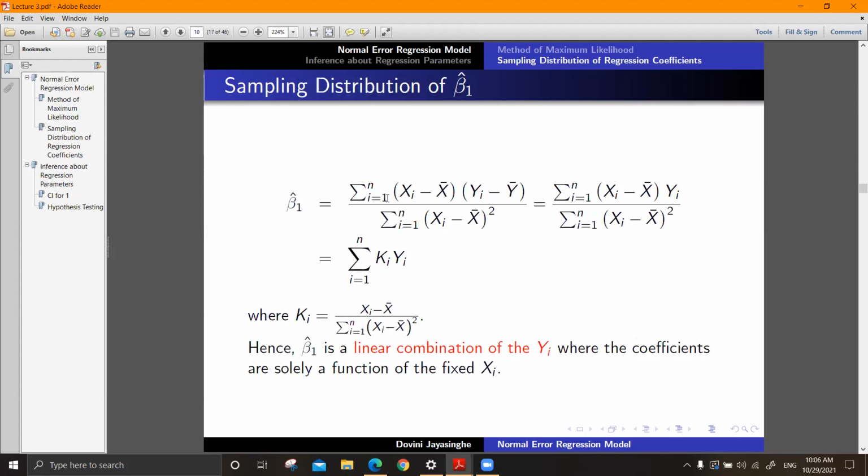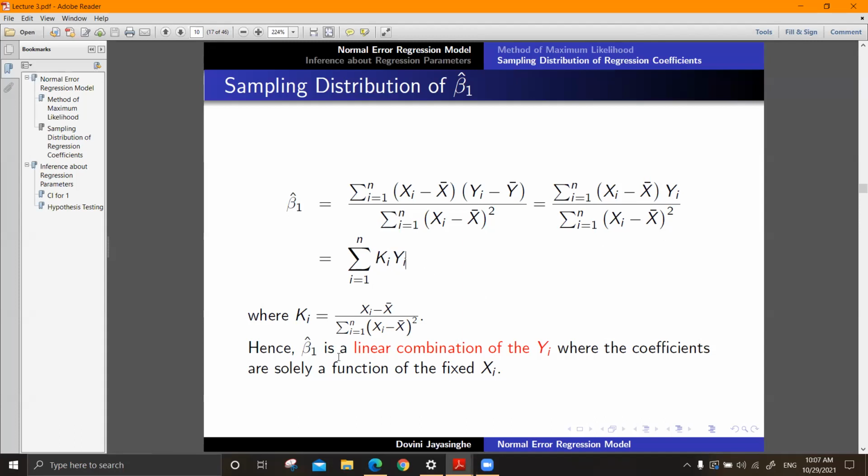So let's take beta 1 hat. It is basically this. So we can write it as a linear combination of yi. So this summation ki means this, right? If we let ki to be this part, we can see it is a linear combination of yi.